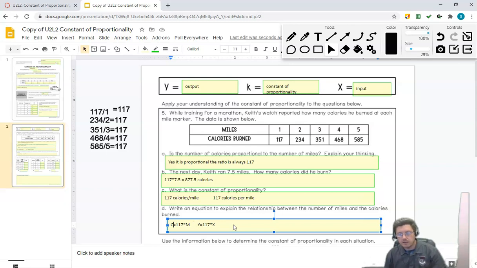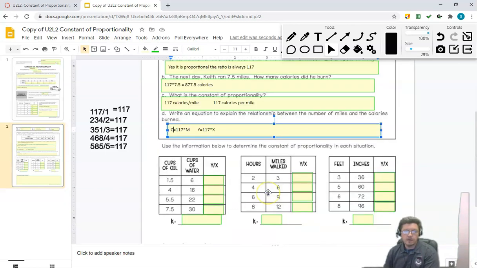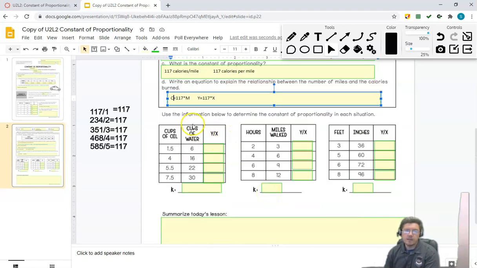I think letters that make sense for our problem make it easier to remember what our problem is about. If you just use x and y all the time, which granted are the most popular in math, it can be confusing because you have to remember what the x and y refer to.